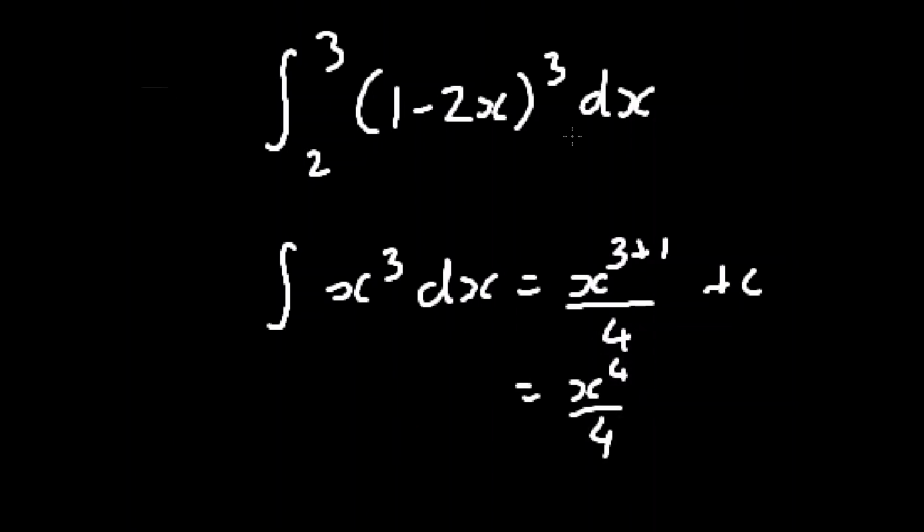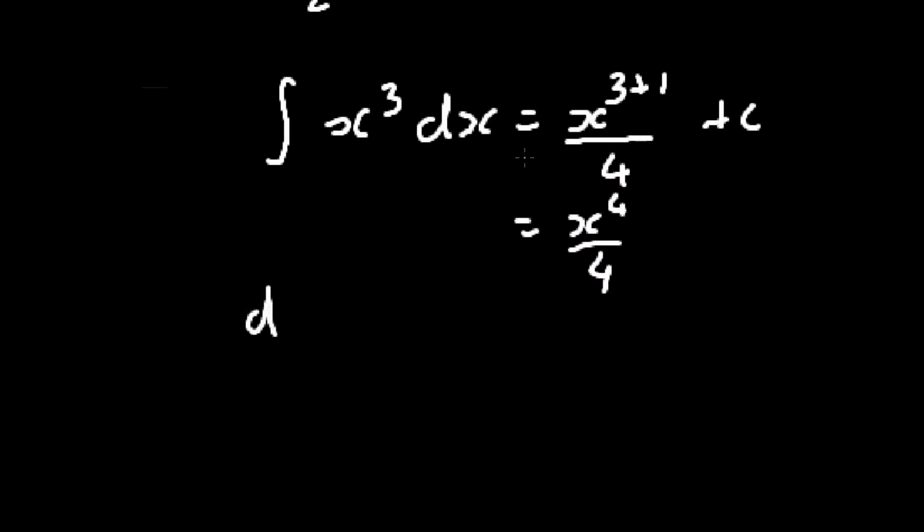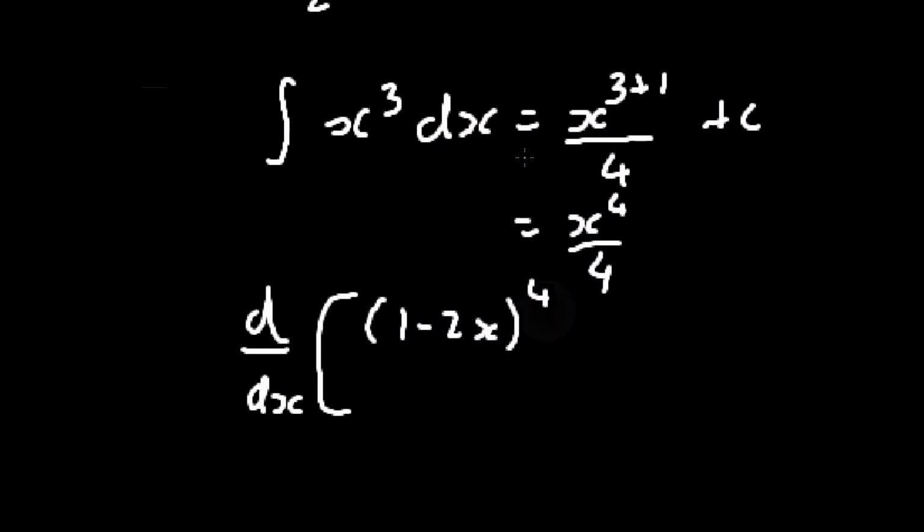Okay. Now, the tricky thing is that in our original integral, we've got this 1 minus 2x business. So what happens if we try and differentiate that? Let's stick it back in. So we stick 1 minus 2x, and we just try and differentiate it.